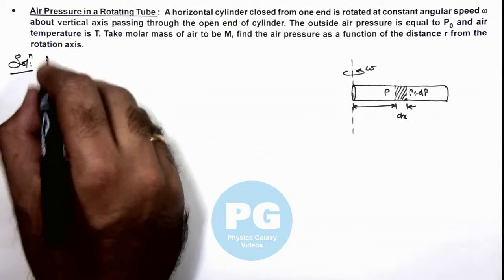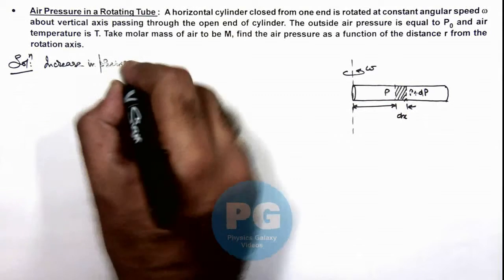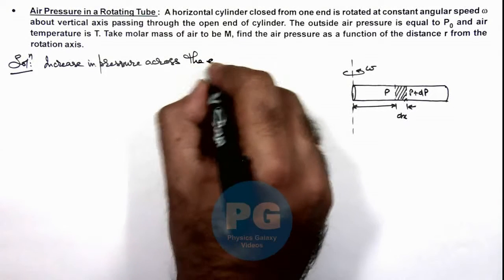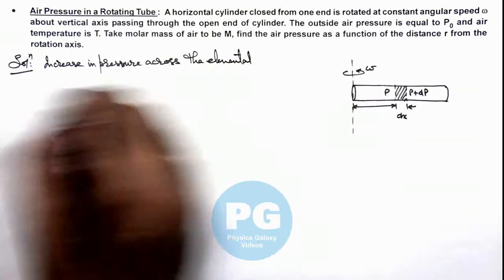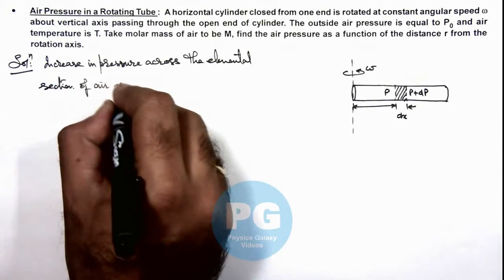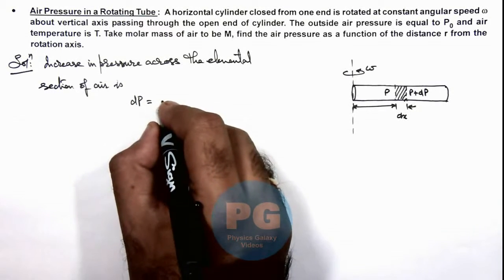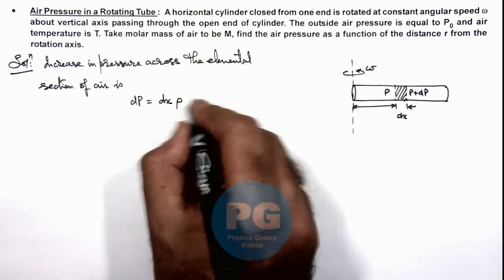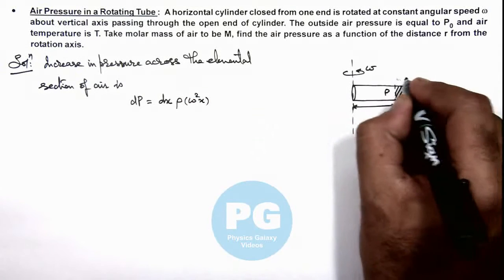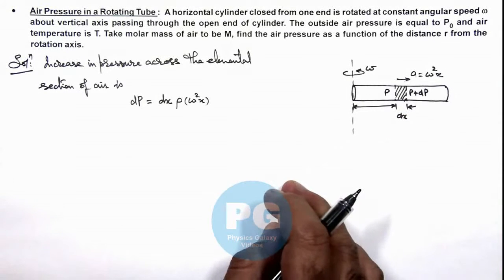So we can write the increase in pressure across the elemental section of air as dP, which is equal to dx multiplied by rho multiplied by, instead of g, omega square x, which is the effective acceleration acting at this point in the frame of the tube.